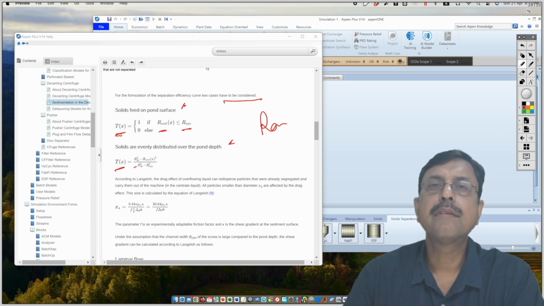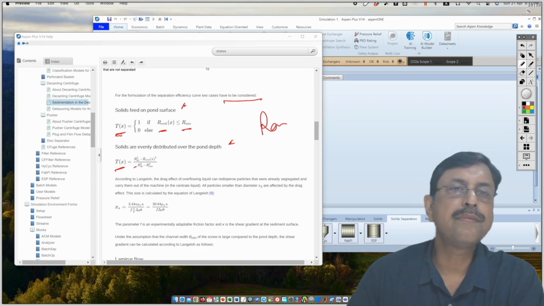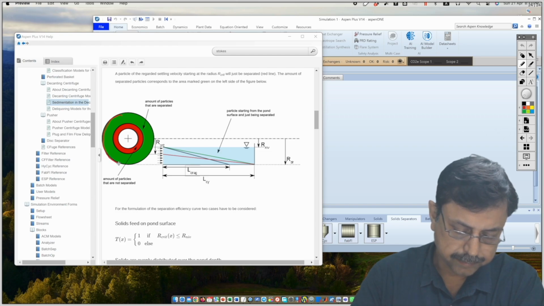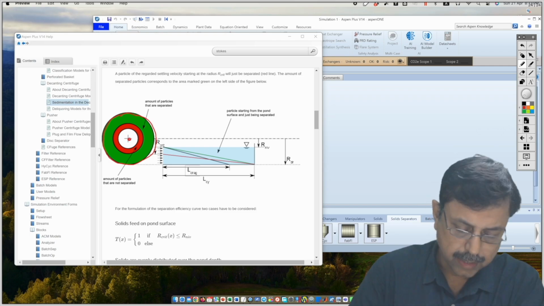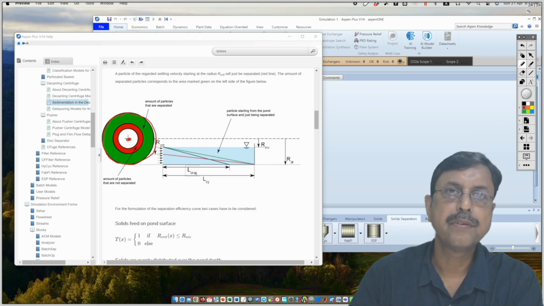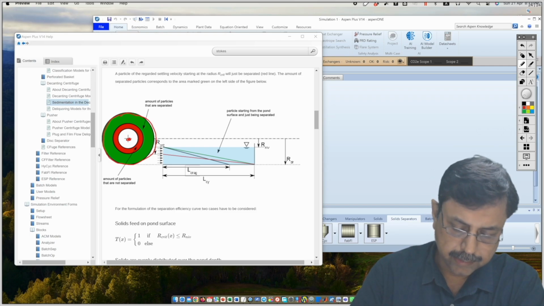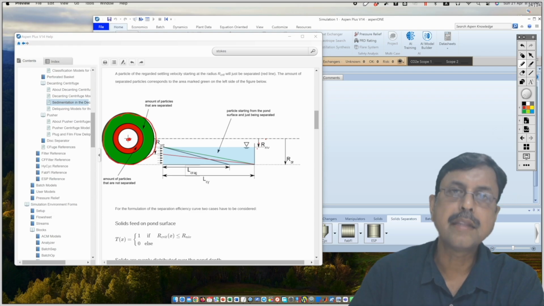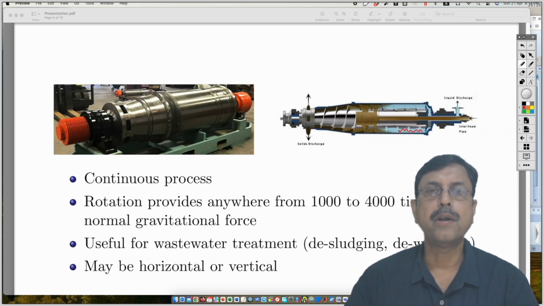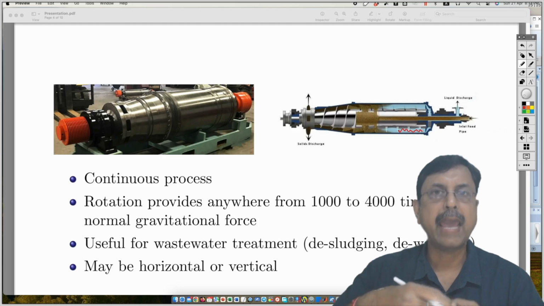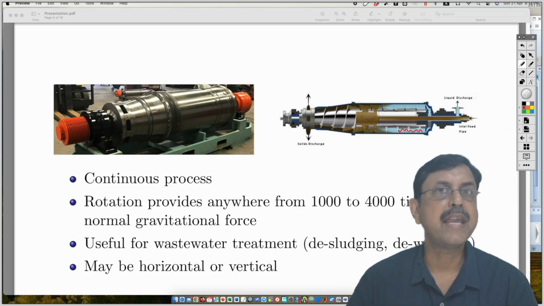R cret means the critical radius. R neve, if this is the periphery of the cylinder and this is the axis of that cylinder, then this is R neve. That means the distance between the axis and the pond surface. Pond means this one. This is called pond. So although we call it pond, but actually it is an annular pond because it is having a high angular velocity.